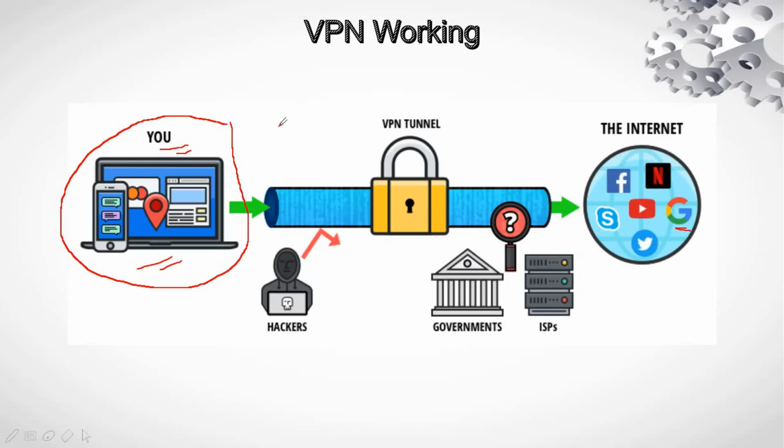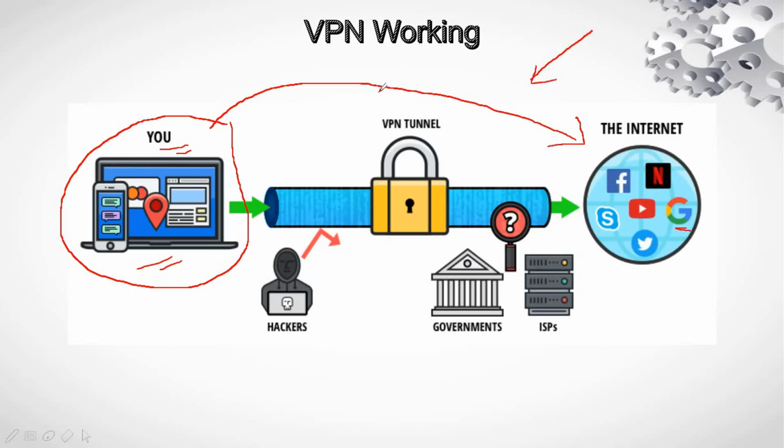But in the normal connection without a VPN, your computer gets connected to the google.com server this way. Now, any hacker, the government or the ISPs can see your traffic.